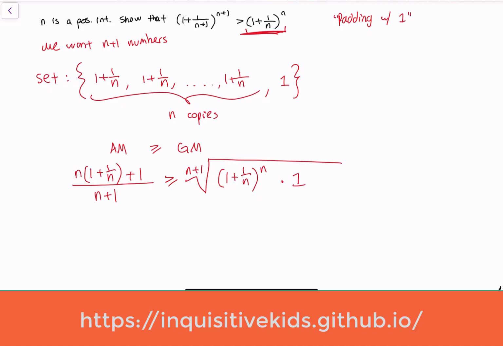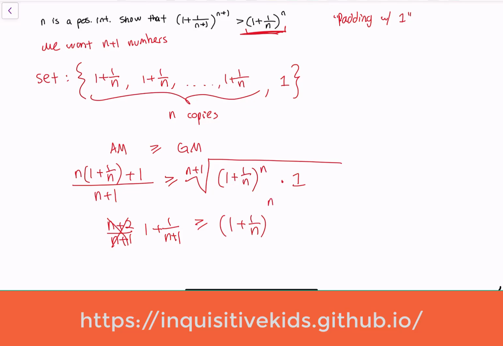Let's go ahead and simplify. So for the arithmetic mean side, we simplify the parentheses, and we are left with n plus 2 over n plus 1. This we can just rewrite as 1 plus 1 over n plus 1. Is greater or equal to, we have (1 plus 1 over n) to the nth power.